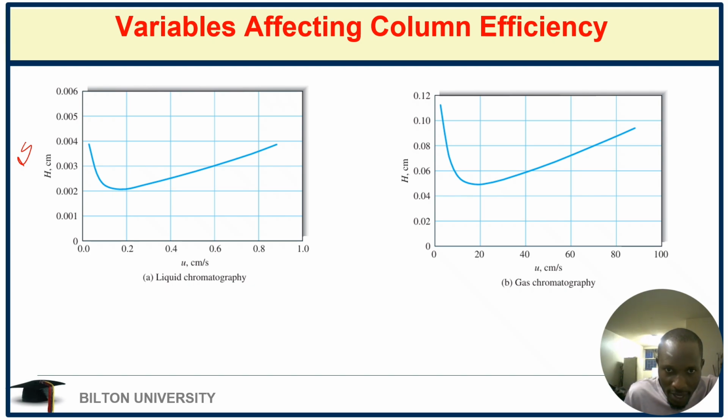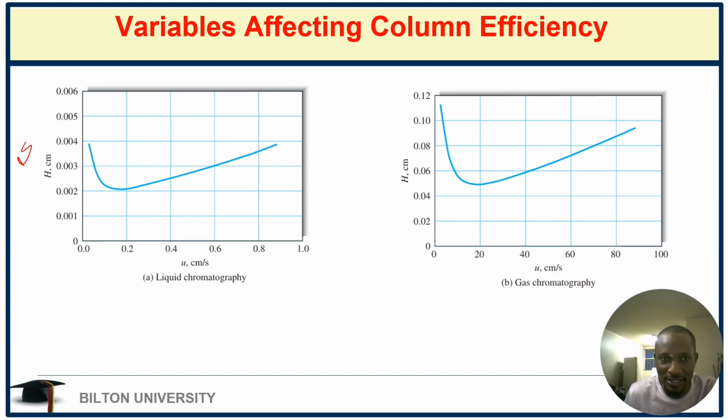And then on the x-axis is the flow rate, measured in centimeters per second. Here you can see 0.2, 0.4, 0.6, while if we look at the flow rate in gas chromatography, we have 0, 20, 40, 60, 80, and 100. So it's much larger.